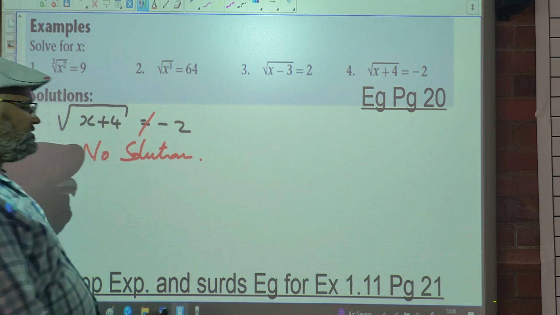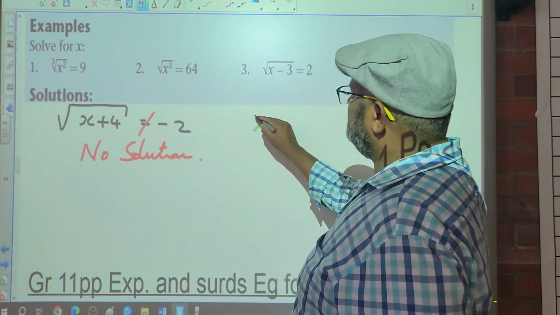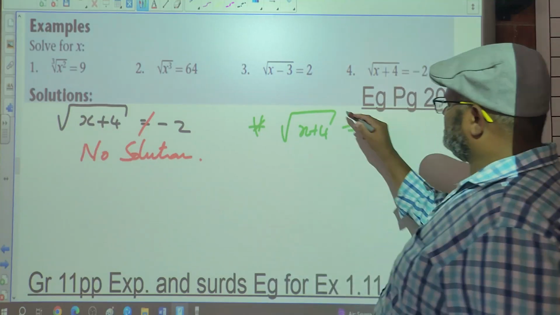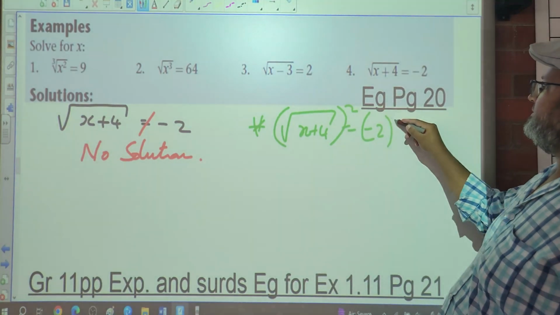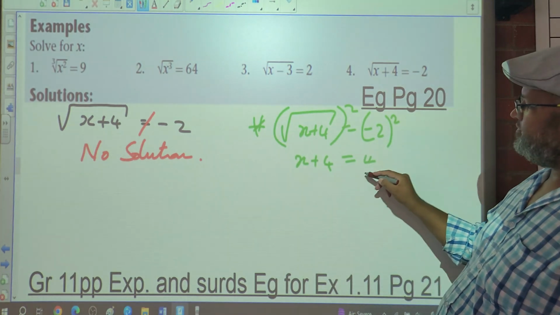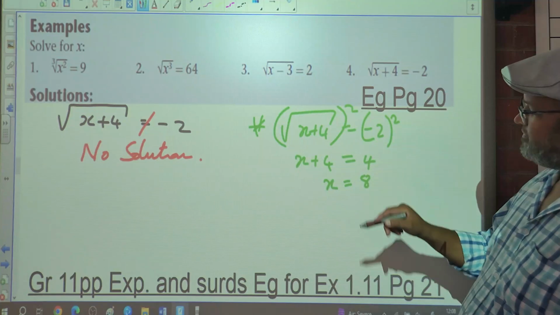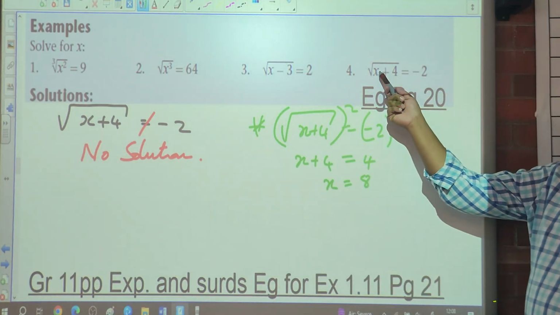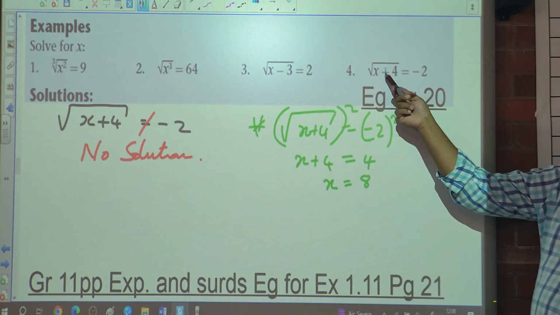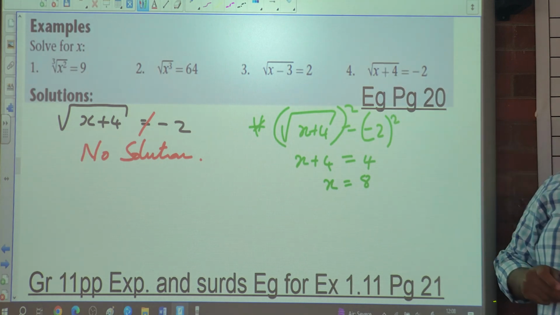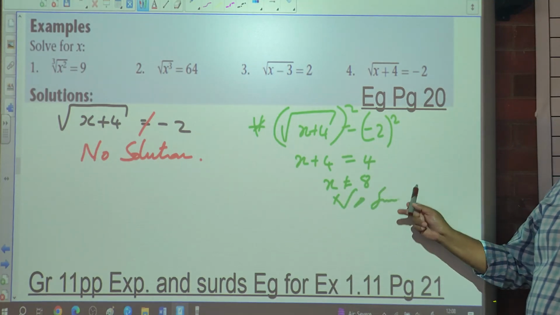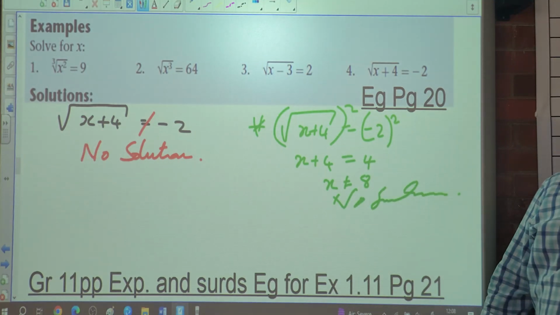Okay, let's say you introduce the 2. So it's going to be the square root of x plus 4 equals negative 2. So she squared it, so you got x plus 4 equals 4. So is x equal to 8? Let's substitute this in here. What's 8 plus 4? 12. Is the square root of 12 negative 2? No, so no solution. Yes?